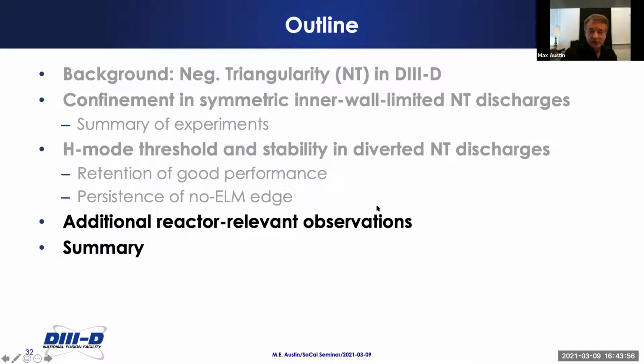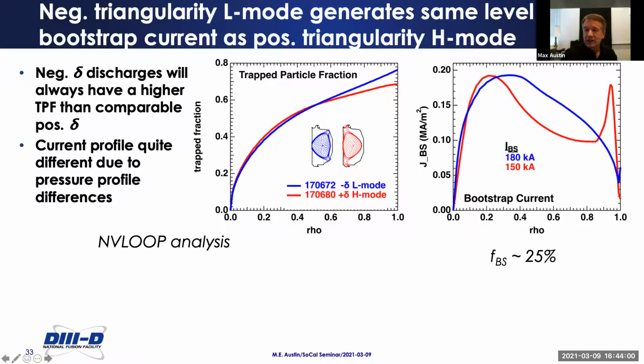Okay, so just a few more of what I call reactor-relevant observations. For negative triangularity in these symmetric discharges, we looked at the bootstrap current. It was actually noted in these high power discharges that we were consuming very little of the toroidal flux that drives current at the end of these discharges.